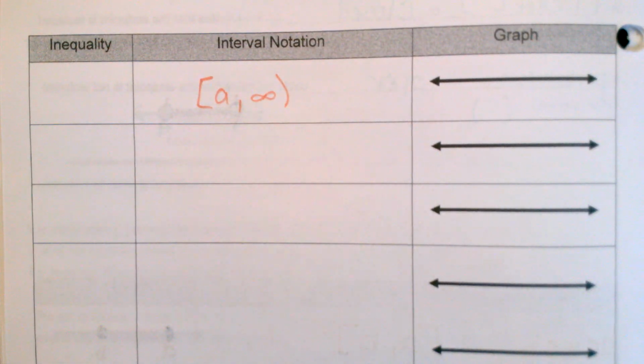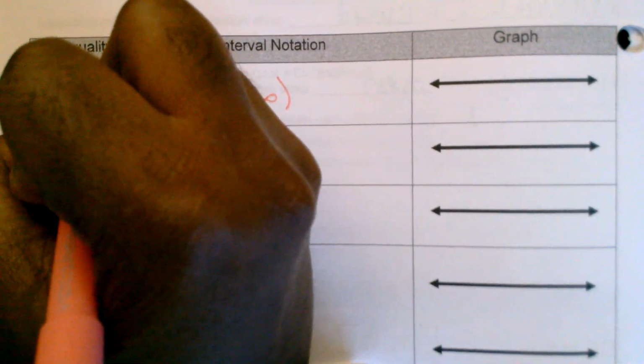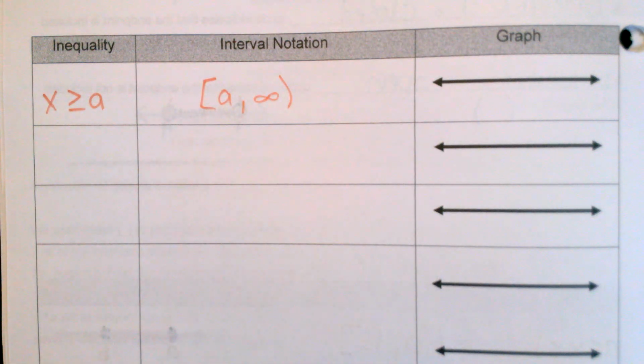Bracket A, positive infinity. So my inequality would look like my x values are greater than or equal to A. So all of my x values are bigger than A, but my interval also includes A. All right?